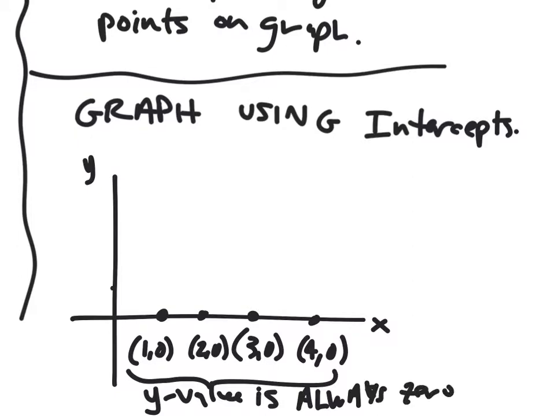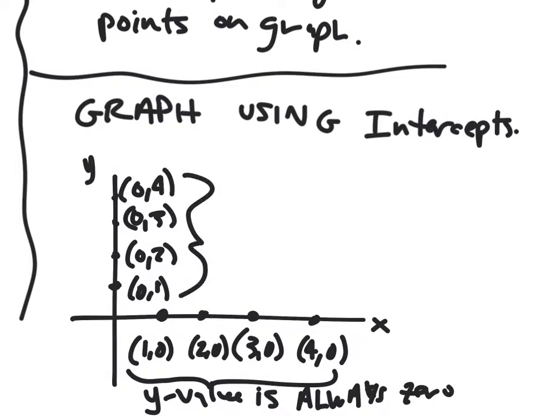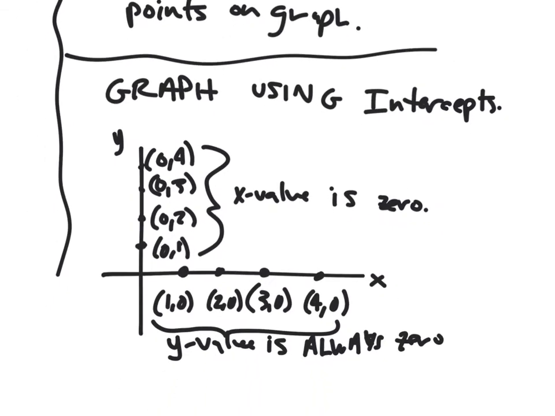Now if I had my y-intercepts, and let's call these 0, 1, 0, 2, 0, 3, and maybe 0, 4, for all of these points, the x value is 0. So anytime you cross the x-axis, your y value is going to be 0.